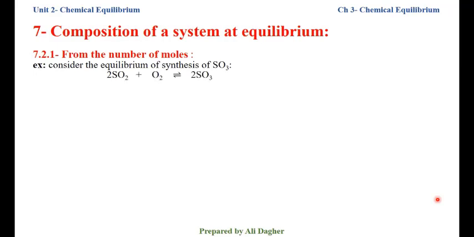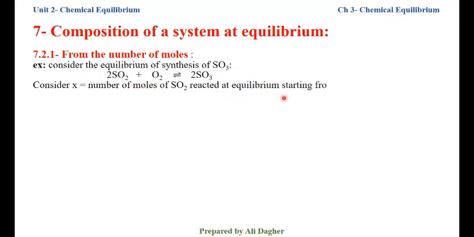Example, consider the equilibrium of synthesis of SO3, and X is the number of moles of SO2 reacted at equilibrium starting from a mixture of 0.5 mole of SO2 and 0.2 mole of O2, and alpha is the degree of conversion of SO2 into SO3.